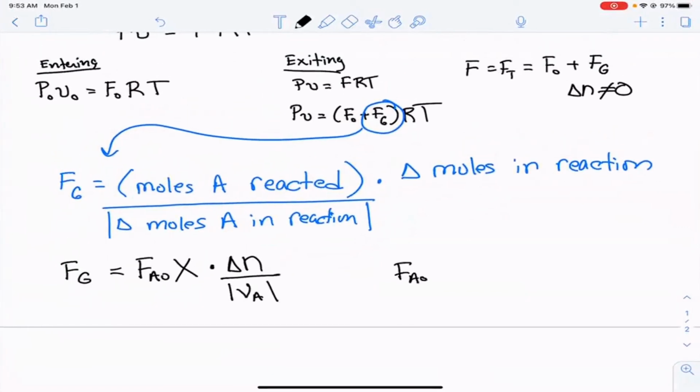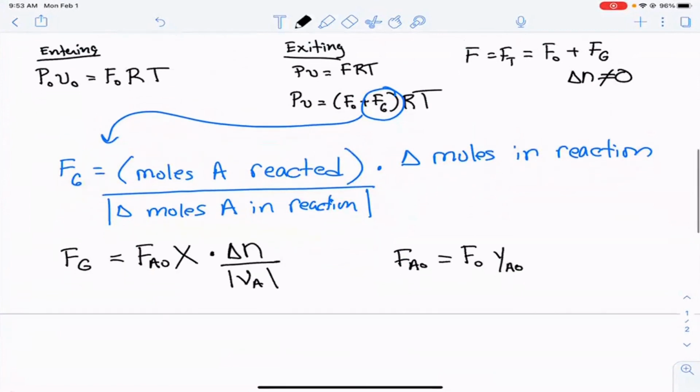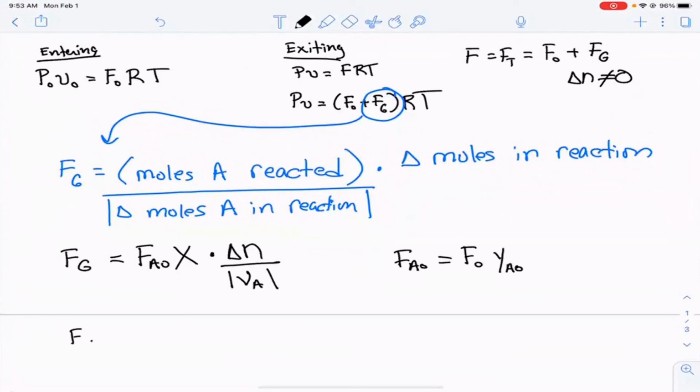We can easily relate those, right? So FA0 just equals the total flow rate at the beginning, F0, times the initial mole fraction of A. Okay, so those two things are the same. And if we do that, then this expression becomes Fg equals F0 times YA0 times delta N over the stoichiometry for A times conversion.